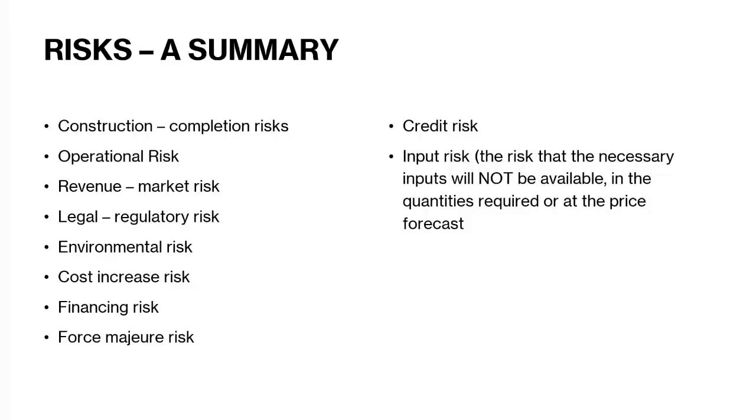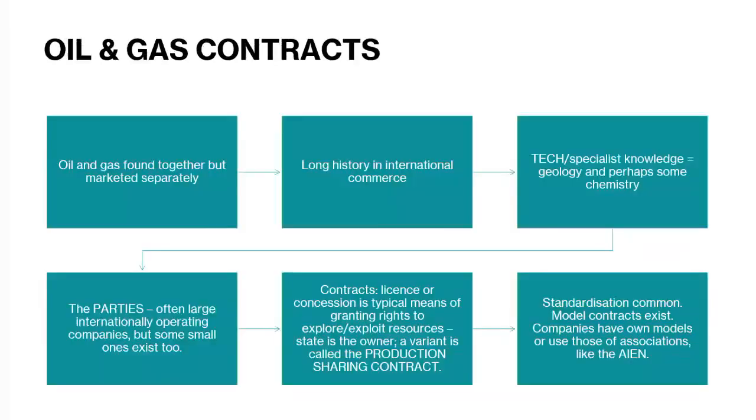So there are all these risks, and they are ones that have to be anticipated in the design of the contract. So if we move on to have a look at the oil and gas contracts, I've already anticipated some of this, so I'll be fairly quick in going through it. And I do want to say a few things especially about renewables.